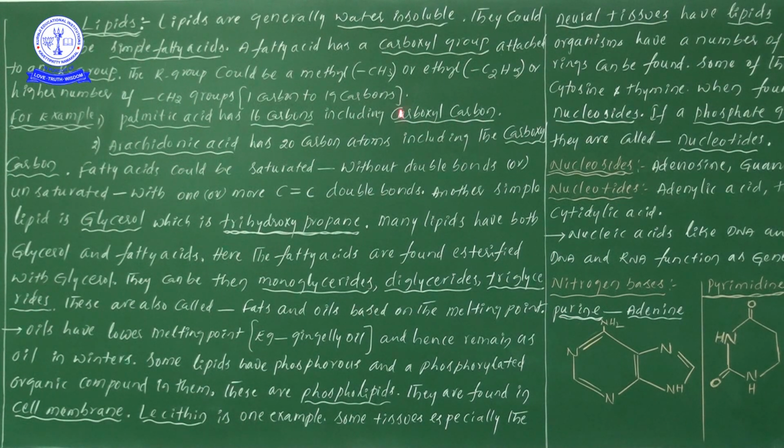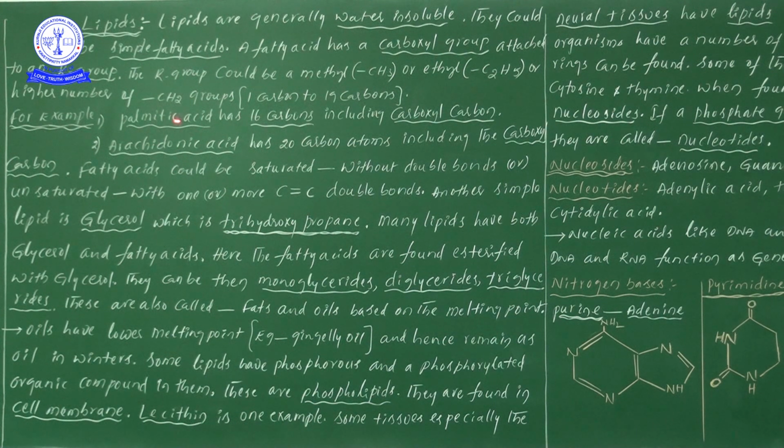Next one, arachidonic acid. One more time, arachidonic acid has 20 carbon atoms including carboxyl carbon.